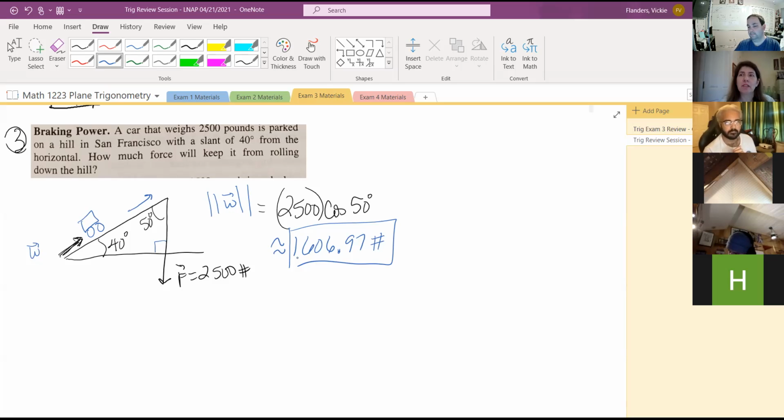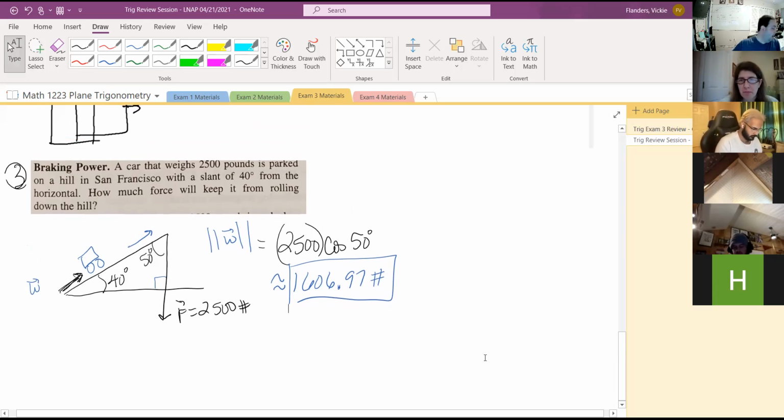I always think about my answer: is it reasonable or not? If I got an answer of 3,000, I'd think that's not reasonable. If you have 2,500, you'd be safe, but this is the minimum force needed to hold it up.